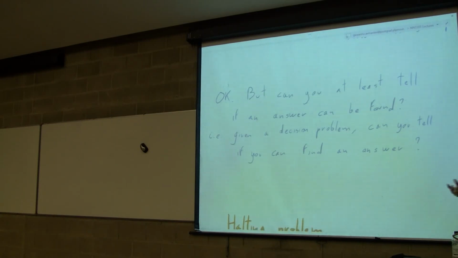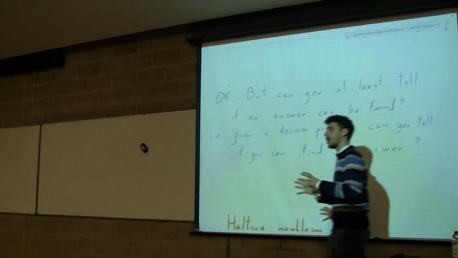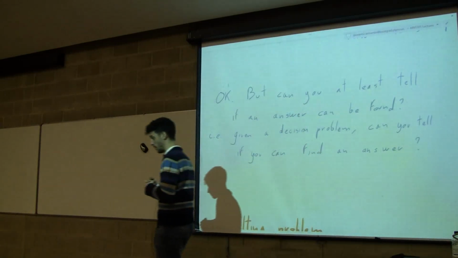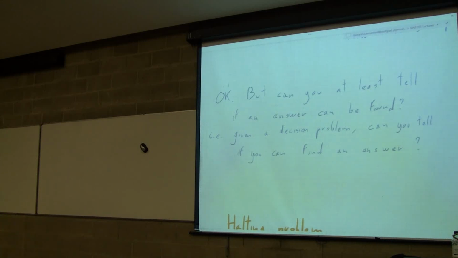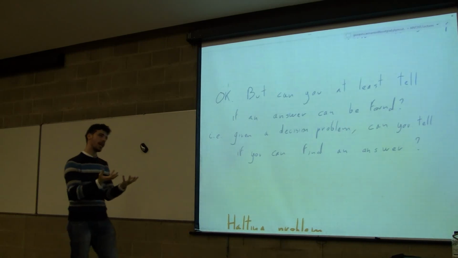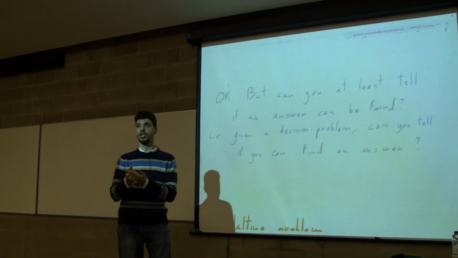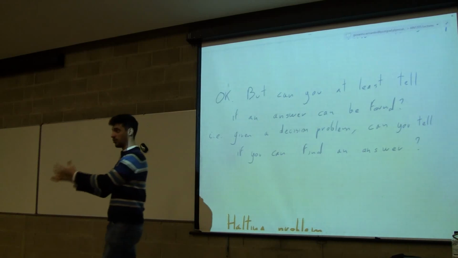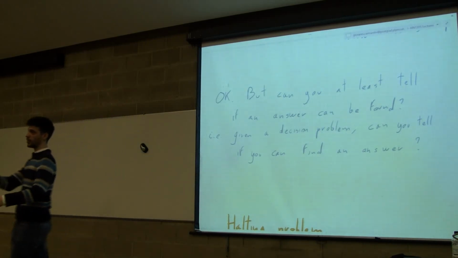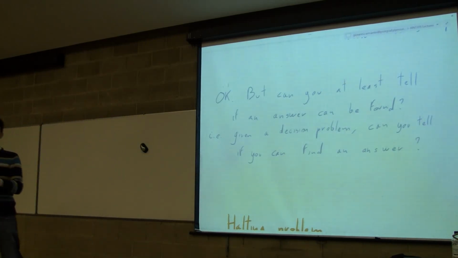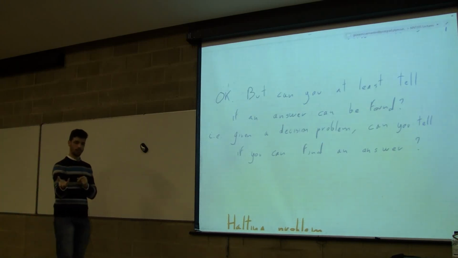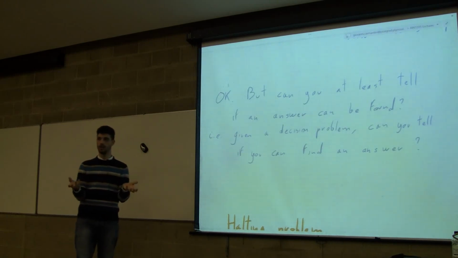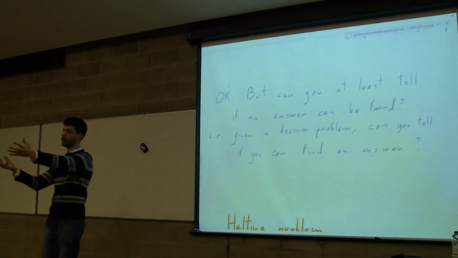So another problem, which is somehow lesser, but very interesting: let's forget about acceptance of strings. Let's solve another problem, which is, can you tell if a Turing machine will halt on a string? I give you a Turing machine, I give you a string, and you write me some software which solves it for every Turing machine, and tells me, okay, for this Turing machine it halts, for that Turing machine it doesn't.